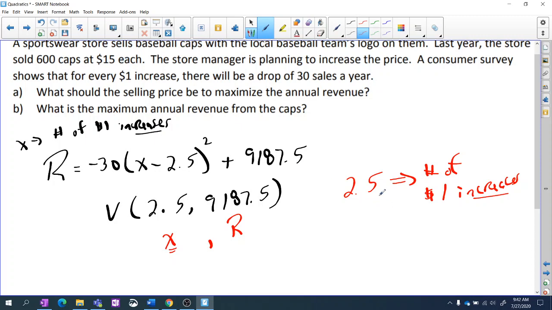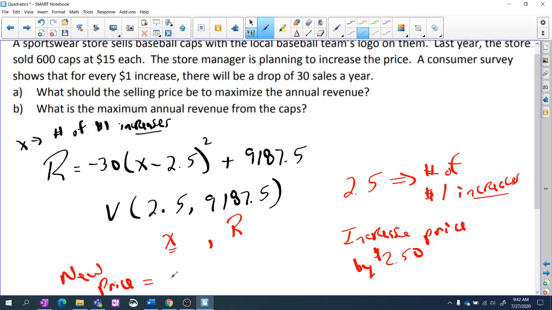So we're going to put the price up by 2.5 $1 increases, which would be $2.50. So increase price by $2.50. That doesn't mean charge $2.50. It means add $2.50 to what you were charging last year. So the new price this summer will be, rather than $15, it will be $17.50 a hat.